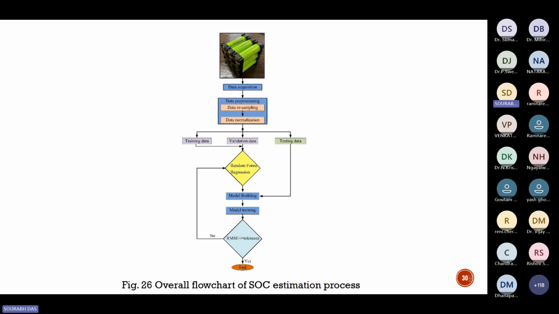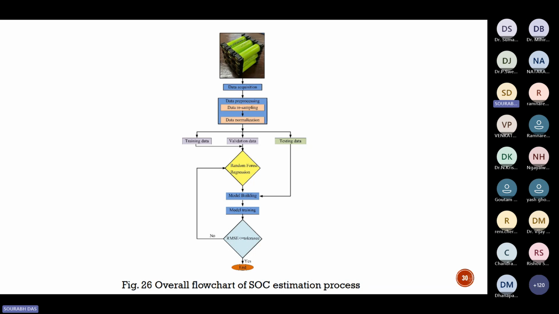After training the model, we have to check the error on the training data, which means the root mean square error. What is that error? The error between the predicted and the observed values.